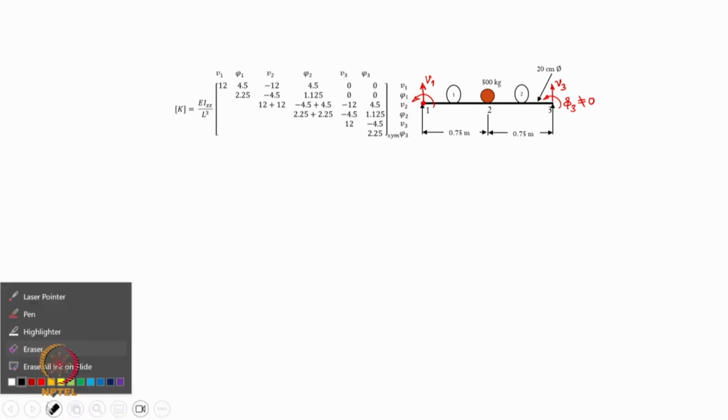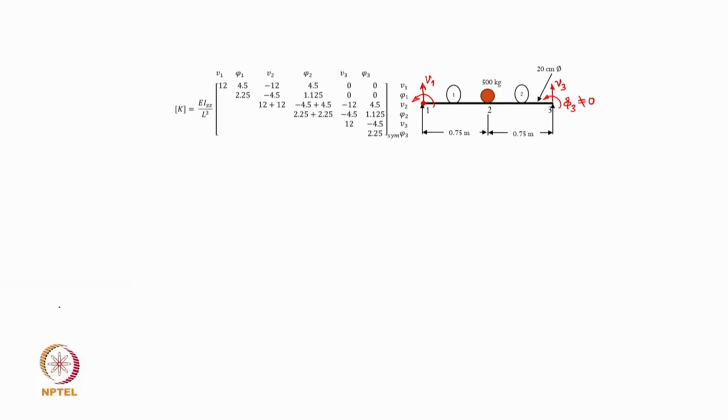So, in this case, if this is the global stiffness matrix that we have obtained, let us look at how we apply the constraint. The constraint as we discussed is V1 and V3 are 0, and one of the simplest ways of implementing these constraints in the global matrices is to remove the rows and columns corresponding to these degrees of freedom. So, in the global context, if the degrees of freedom are V1 phi 1, V2 phi 2 and V3 phi 3, we would remove the column and row corresponding to V1 and V3.